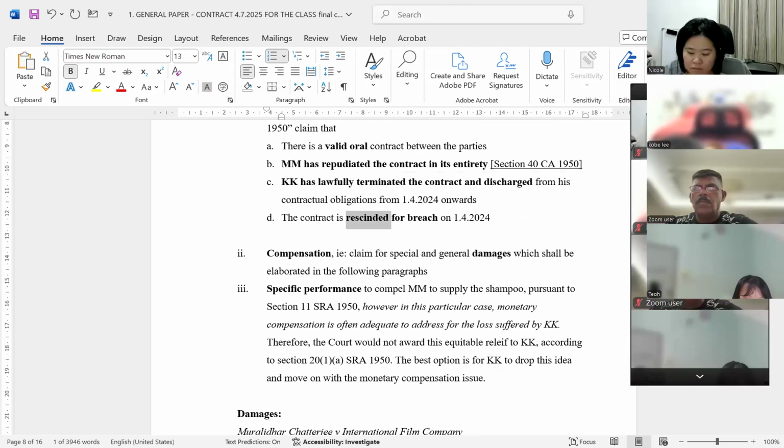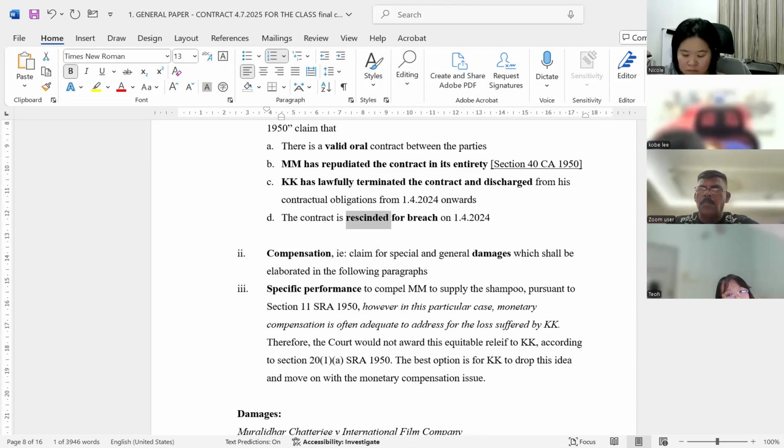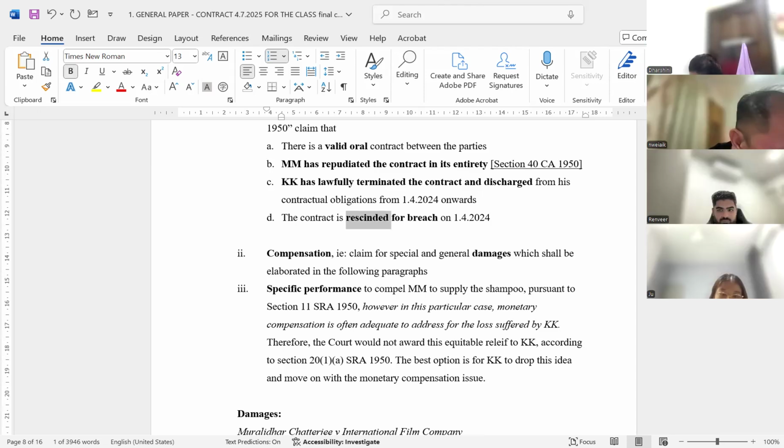Rescission, somehow or rather, from my little bit of teaching experience, I realize a lot of students are not too comfortable with this word. Okay, rescission, there are two versions. Number one, rescission ab initio.